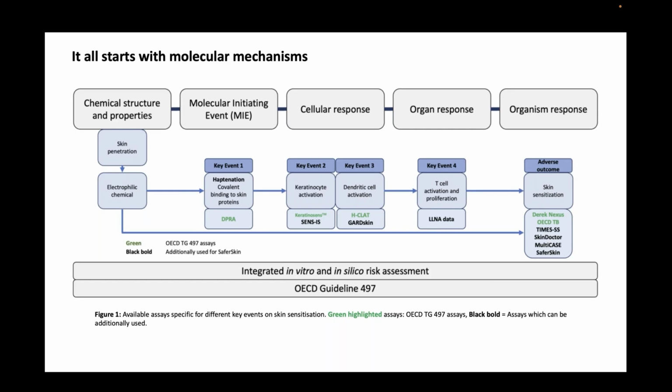QSAR stands for quantitative structure activity relationship, meaning if you have a compound, you take its 3D molecular structure, and then you say, okay, I have a certain type of structure, and for instance, at position 1, I have an aldehyde group, and I have a specific interaction with a molecular event within cells.